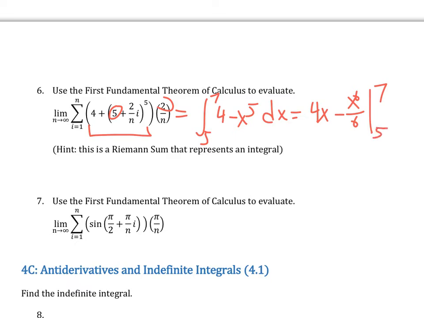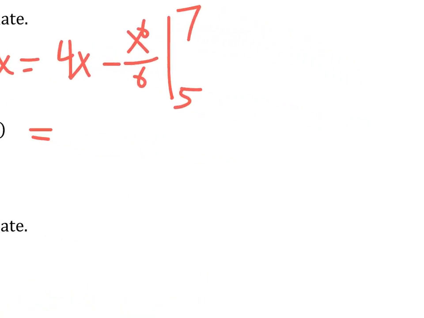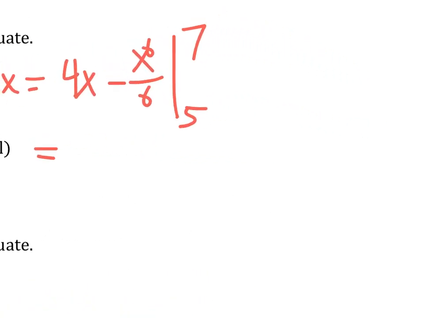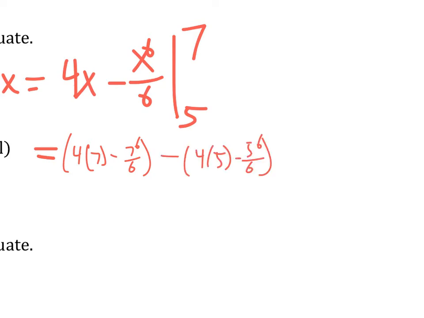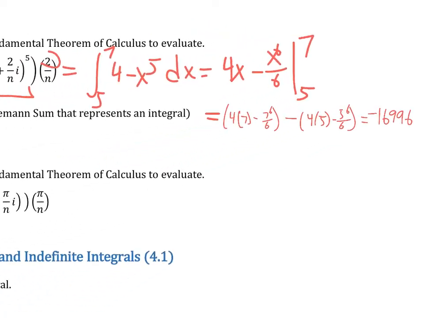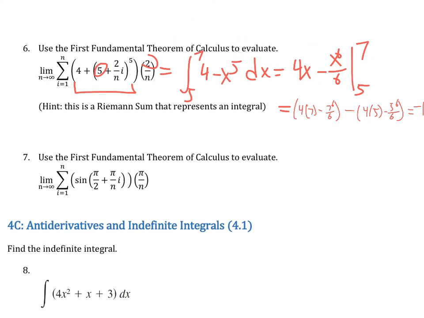Okay. And so we substitute 7 there, and now 5. And we're going to compute this. This is going to use our calculator. That's fine. This is going to come out to 16,996, okay? So that's a big number. So that's definitely a calculator problem there, all right?